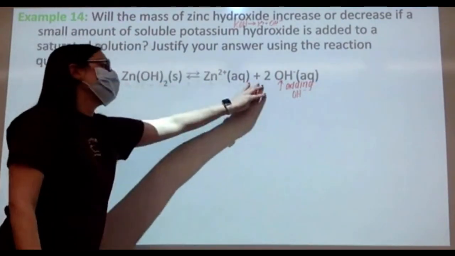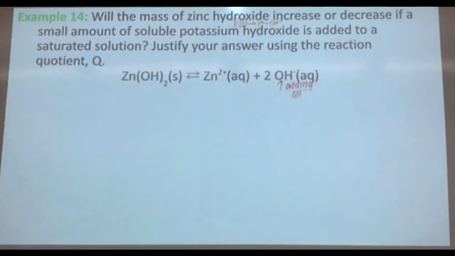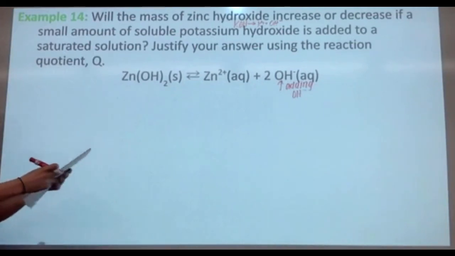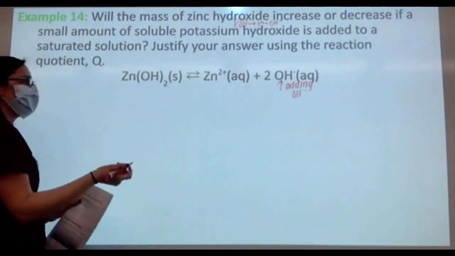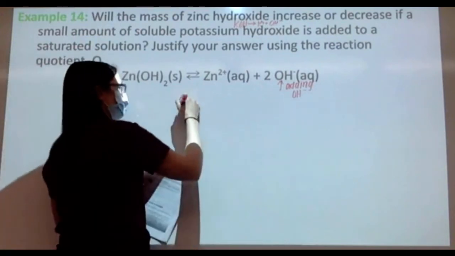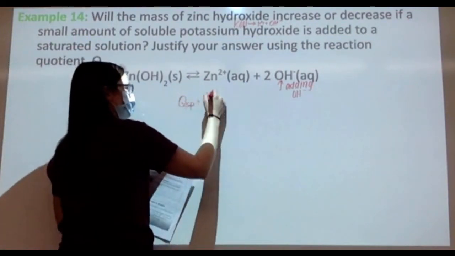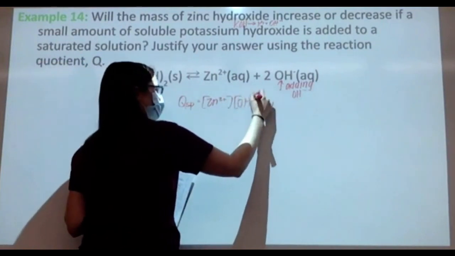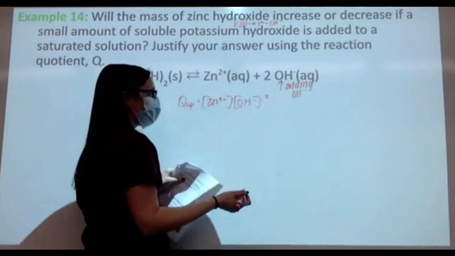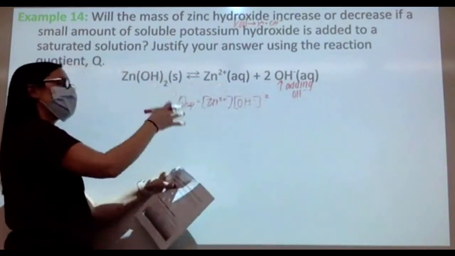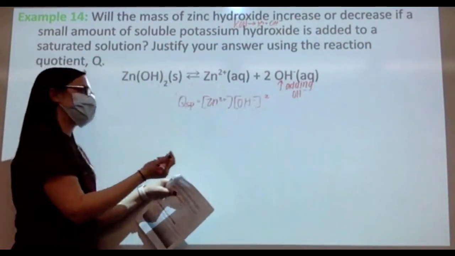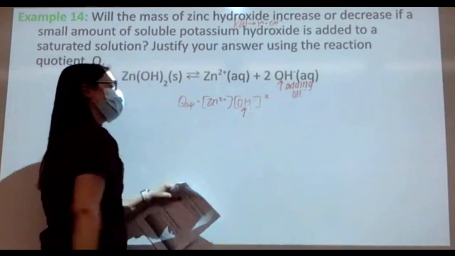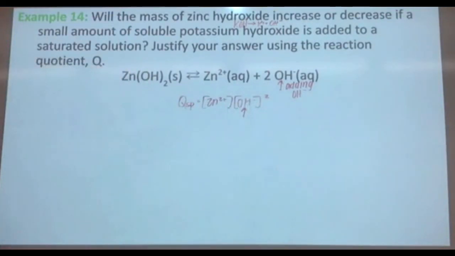So this was at equilibrium. Then we add OH- to it. Well, let's think about what that would do to Q. Q is Zn2+ times OH- squared. This was at equilibrium, so Q equaled K. Well, if I'm increasing the amount of OH-, what am I doing to Q? Increasing it.